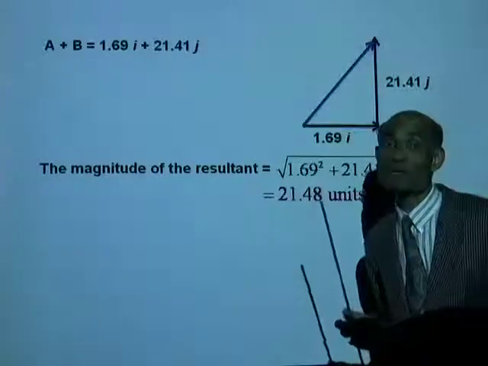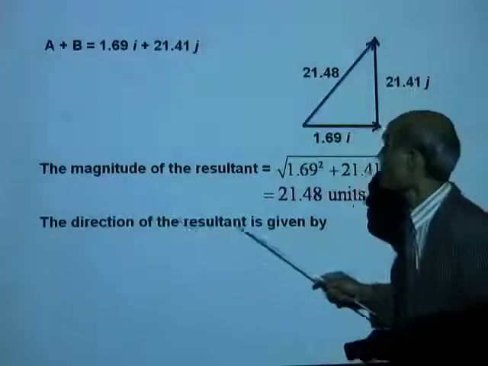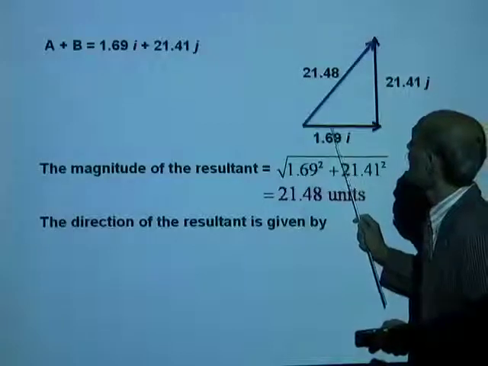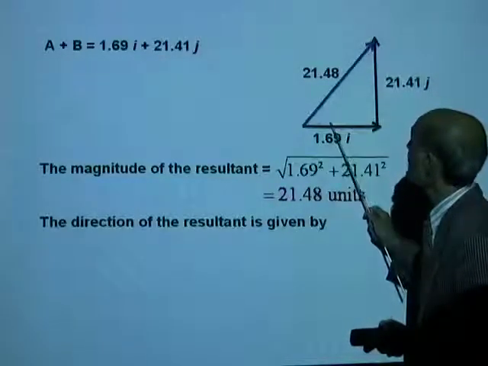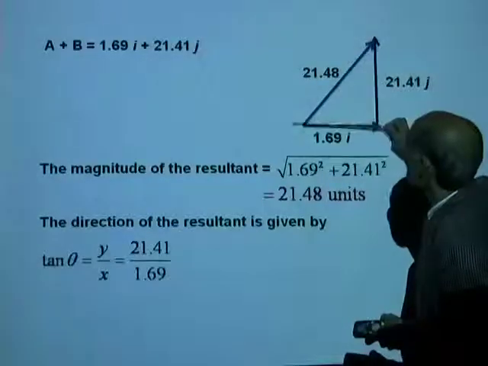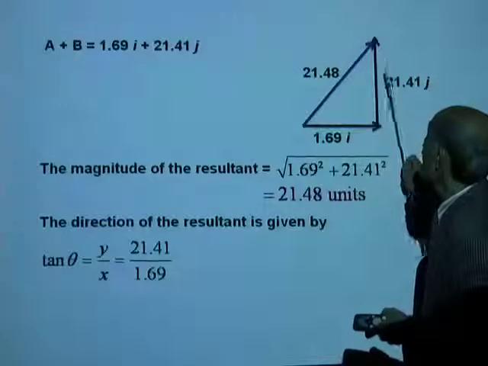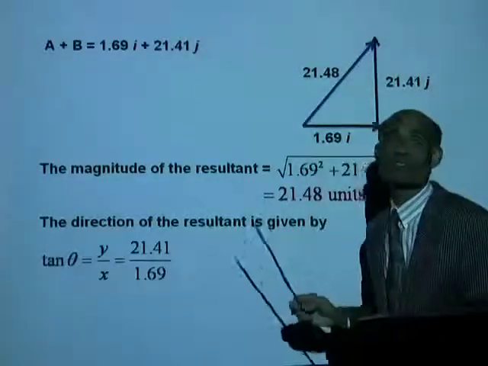What is the direction of this vector? How do you find the direction? Well, the direction of the resultant is given by the angle theta here, and tangent of that angle theta is y over x. Y is 21.41, x is 1.69.